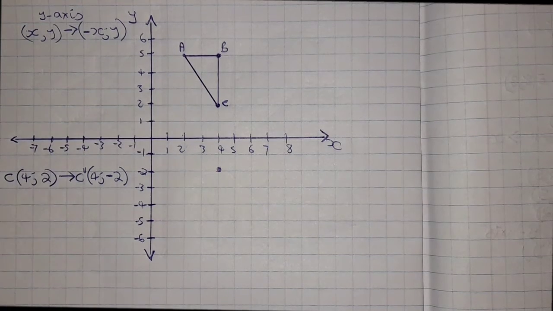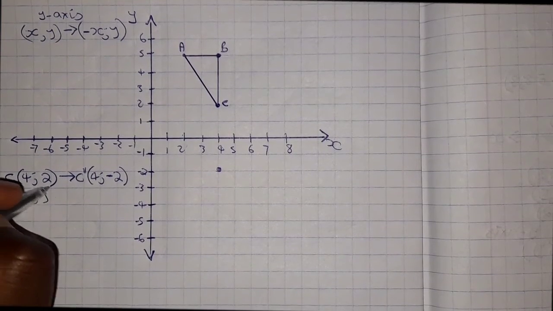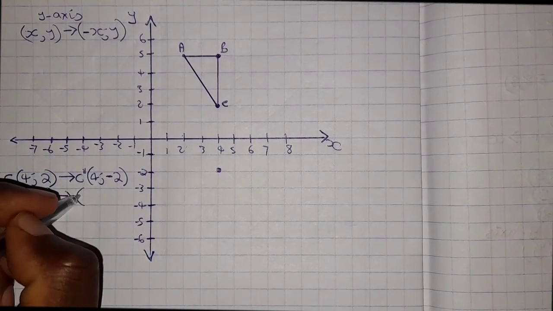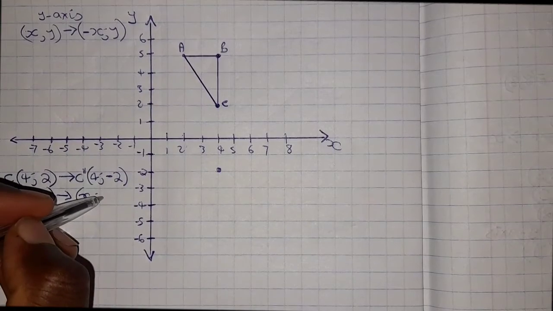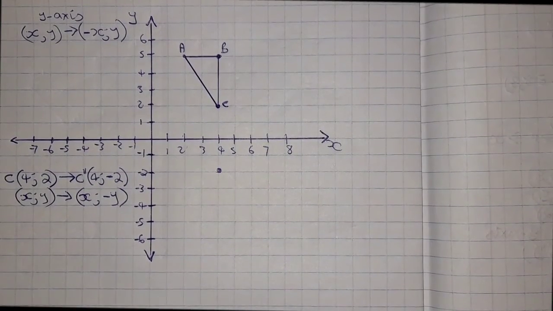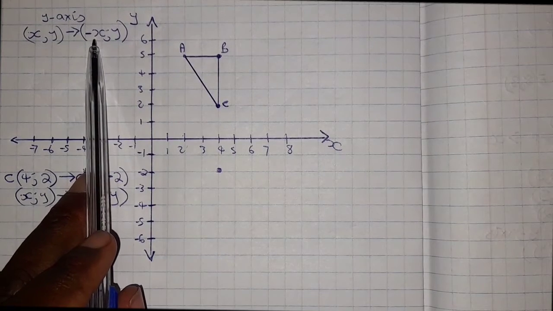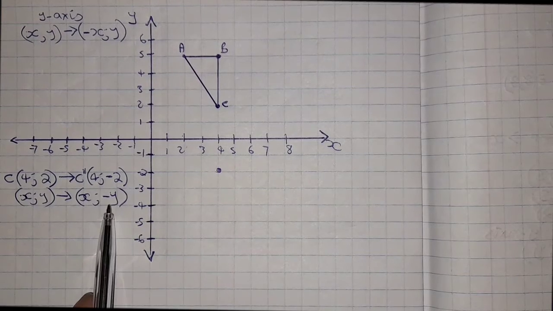So we can say in general here, this is (x, y) mapped onto (x, -y), because the y was positive and it has become negative. So you should always remember that in a reflection in the y-axis, the x changes sign, and in a reflection in the x-axis, the y changes sign, right?